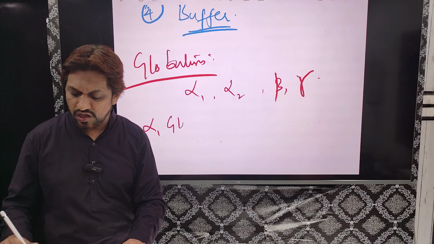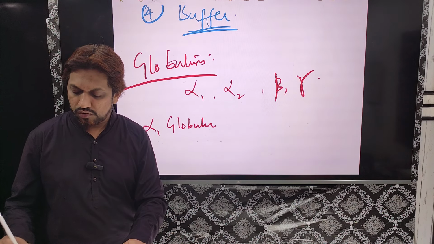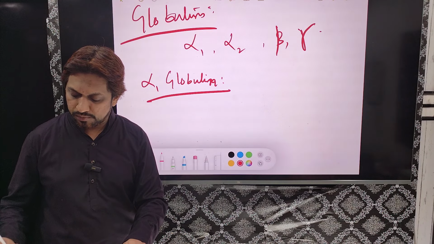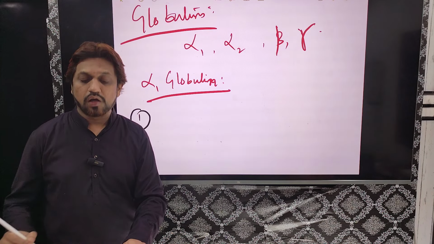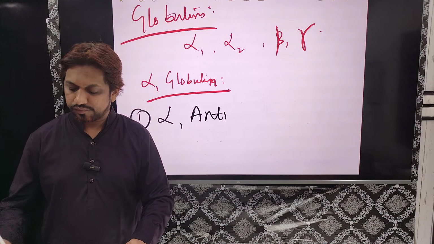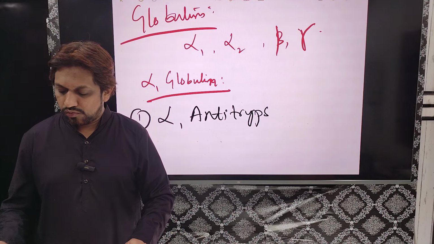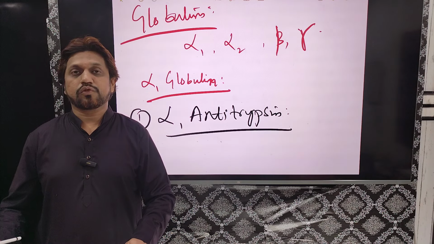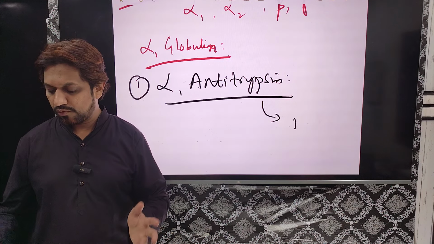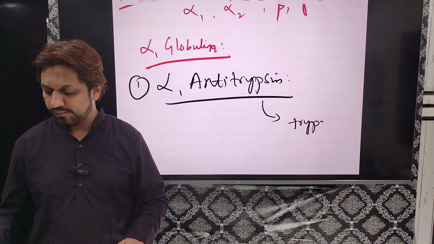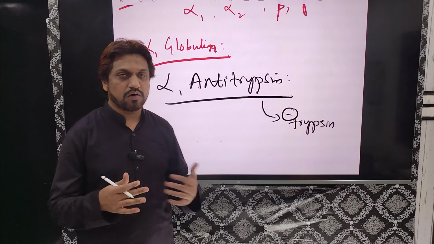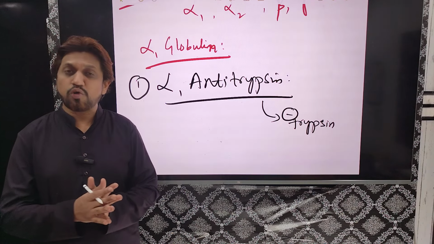First we'll discuss the alpha globulin. Among the plasma proteins which come under alpha globulin is alpha 1 antitrypsin, so it is an alpha 1 globulin. Its role is to inhibit an enzyme known as trypsin, which basically acts as a protease that breaks down proteins.